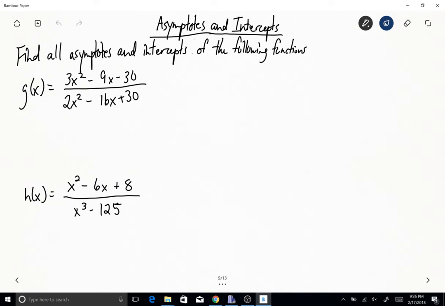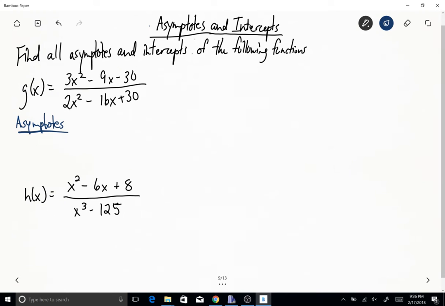Which would you prefer? Yep, I figured asymptotes. So asymptotes it is, and then intercepts I'll do over on the other side there.